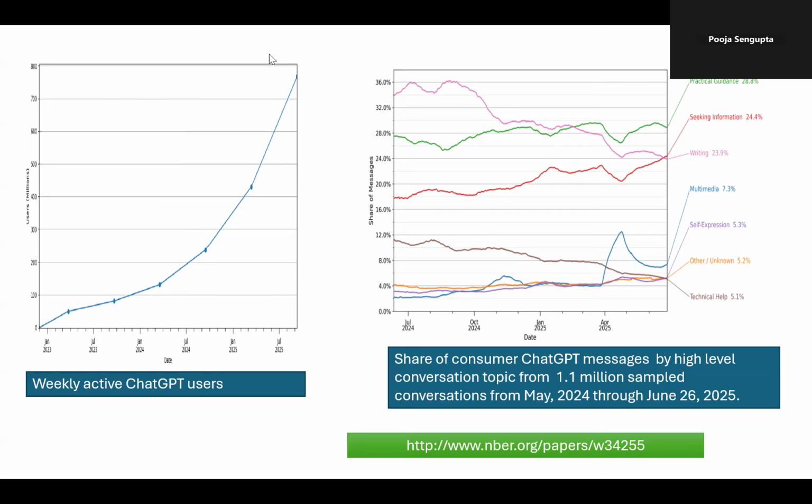For instance, if you look at the green line, it talks about ChatGPT users who are looking for practical guidance, which is about 28.8% of all users.